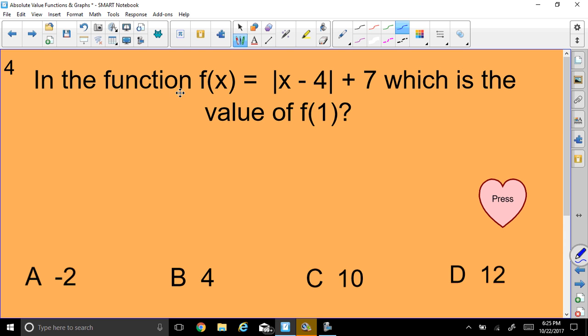So here's a problem. In the function f of x equals the absolute value of x minus 4, plus 7, what is the value of f of negative 1? Let's take a look at that one.